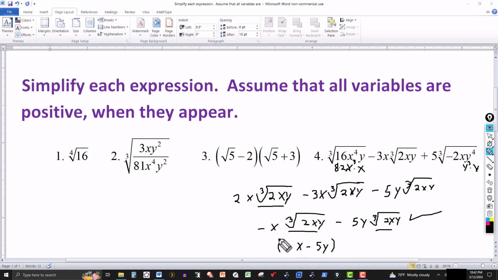So I'm left in front with minus x minus 5y, and this is times the cube root of 2xy. And we could give this if they tell you they want it in factored form. But either one of these is really the correct answer. It's in simplified form. Thanks for watching. We'll see you next time.